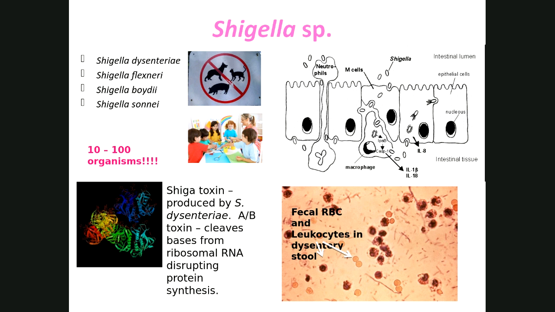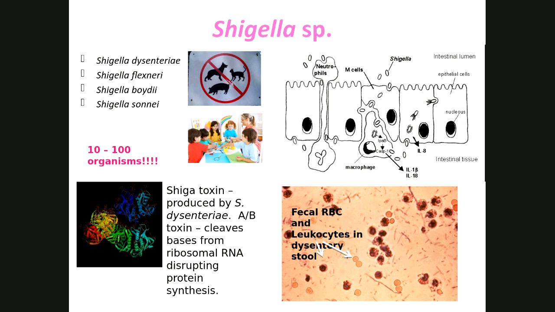The next bacteria is Shigella. This genus has 4 species: Shigella dysenteriae, Shigella flexneri, Shigella boydii, and Shigella sonnei. These are present in different geographical locations, and all 4 produce dysentery. But Shigella dysenteriae, the first one, like the others, is invasive in nature.